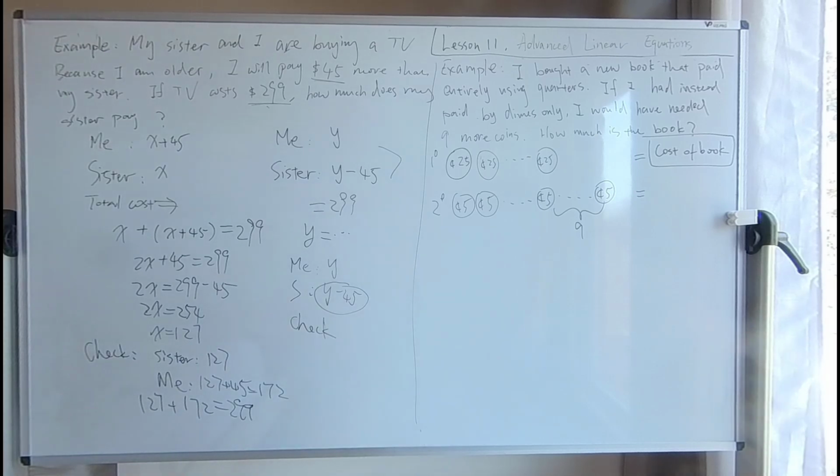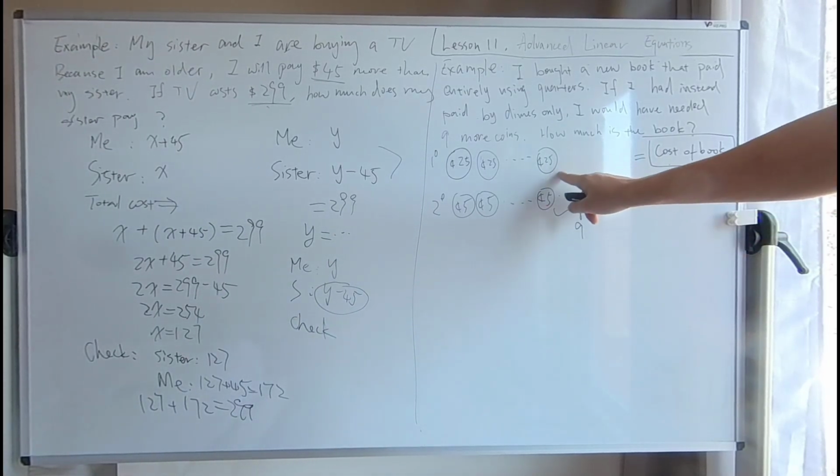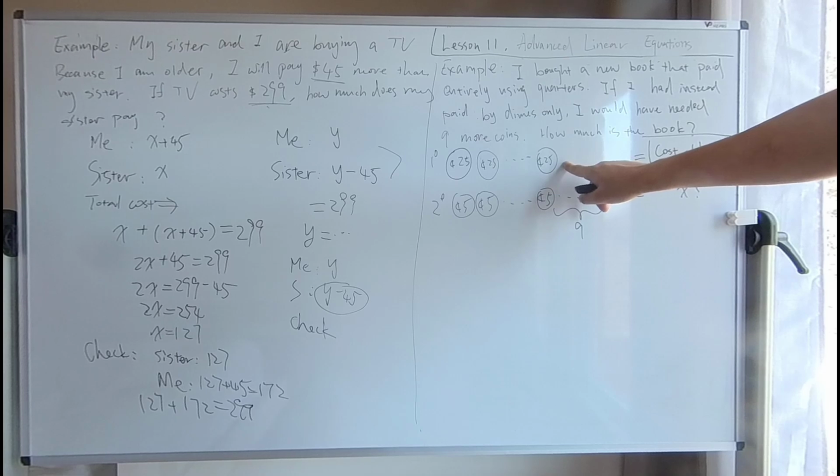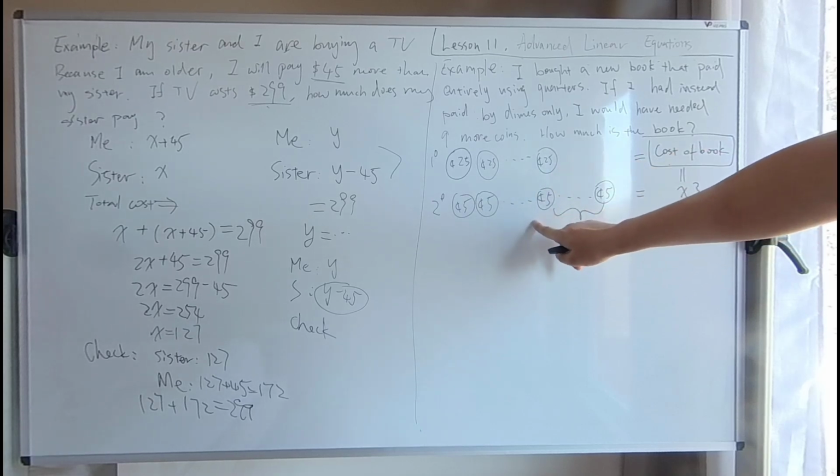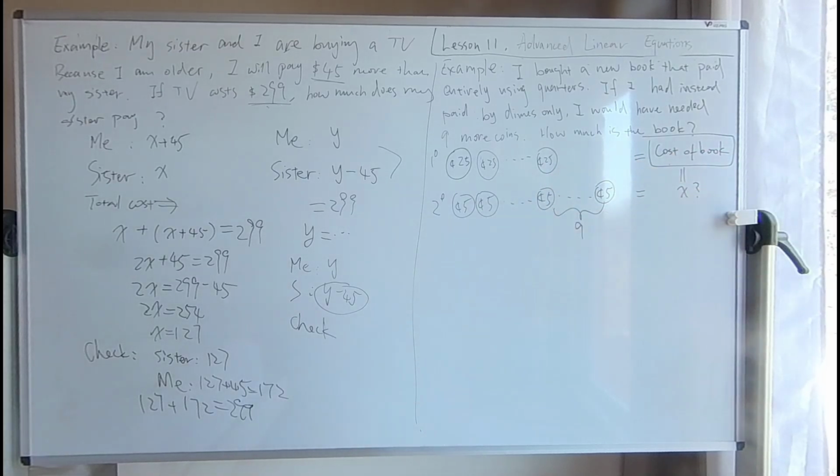But then how do I assign the unknown variable? This time it looks like the cost of the book is not a good choice to assign the unknown variable, right? Because I still don't know how many coins are in option 1, and I don't know how many coins are in option number 2.